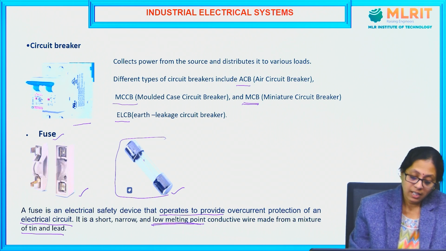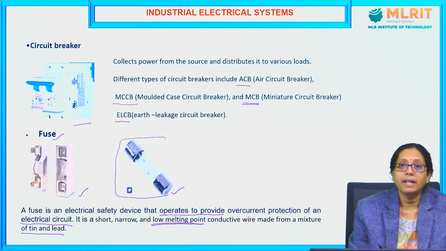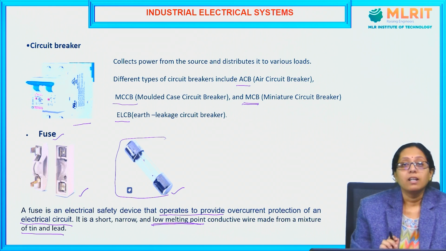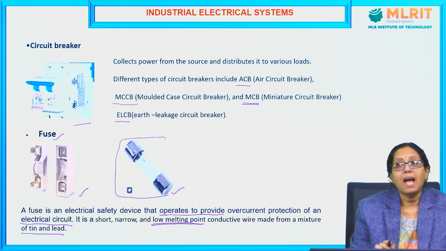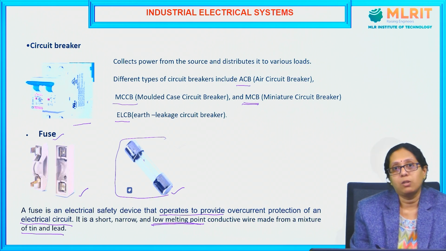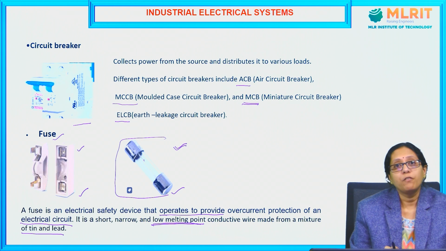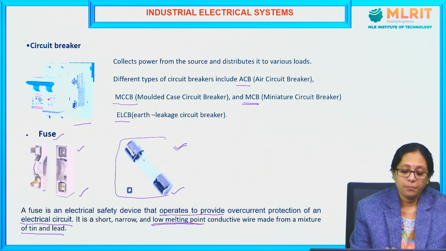Whenever the current across this wire exceeds its range, the wire melts and automatically the circuit gets open circuited. In this way, the two types of fuses are used to open the circuit whenever the current crosses the limits.